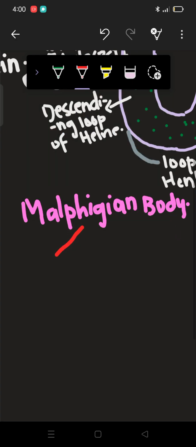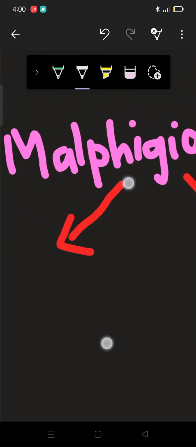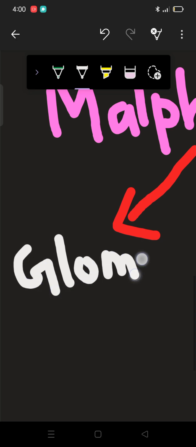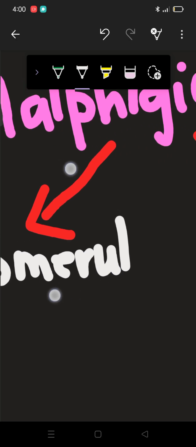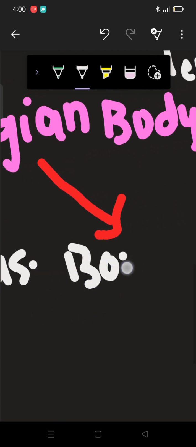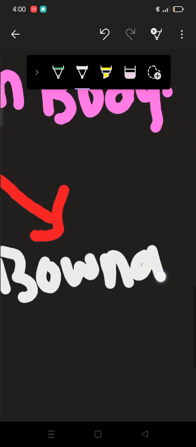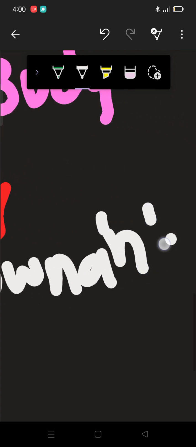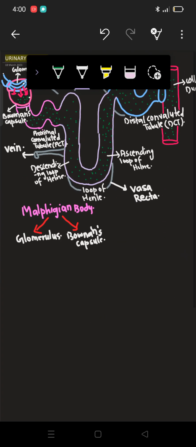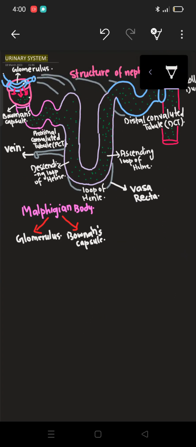Alright, what are those two things? Let me write here with the white color. That is the combination of glomerulus plus Bowman's capsule. So Bowman's capsule and glomerulus combinedly are called Malpighian body. Alright, as you can see here, Malpighian body is the combination of glomerulus and Bowman's capsule.